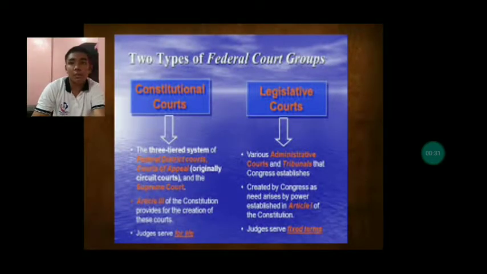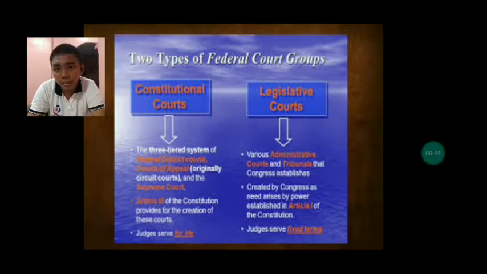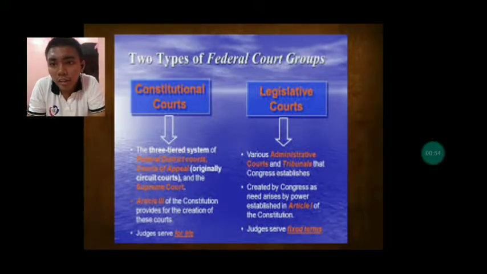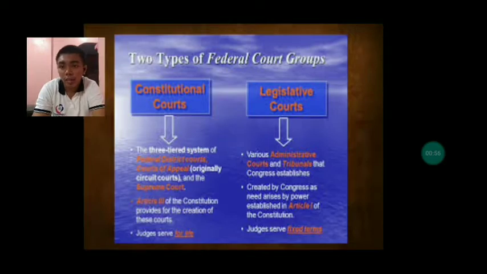There are two types of federal court groups: the Constitutional Court and the Legislative Court. The Constitutional Court is the three-tiered system of the Federal District Court, the Court of Appeals, the ordinary circuit courts, and the Supreme Court.